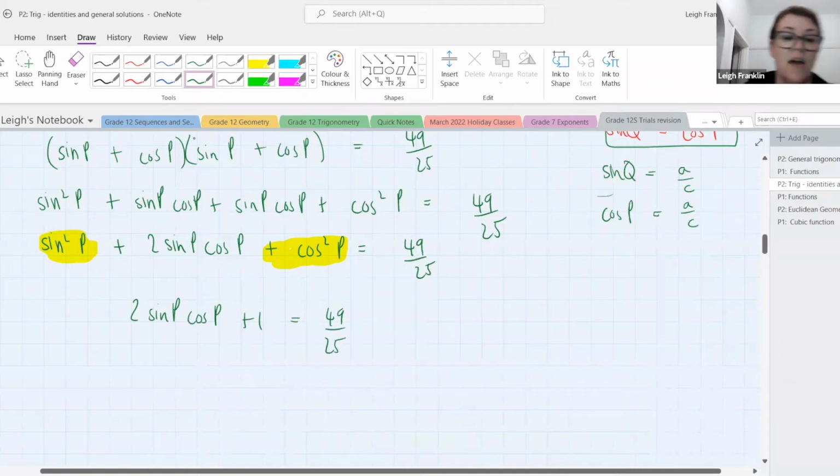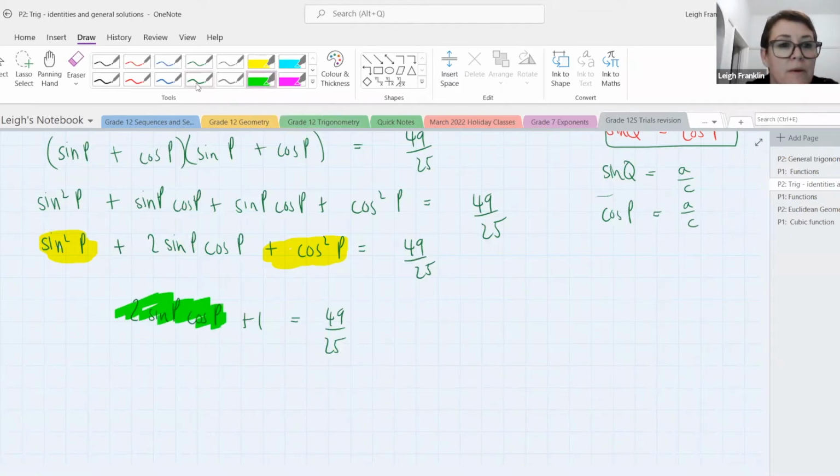Take the 1 over to the other side. And then we're going to write 2 sine P cos P as sine 2P. And that's going to be equal to 49 over 25 minus 1.